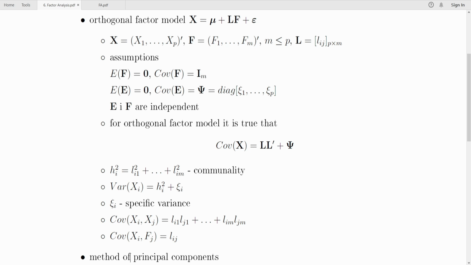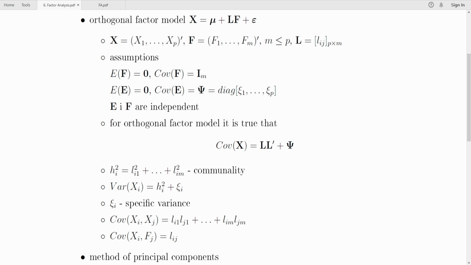Well, we can say that it has the same objectives as principal components analysis. So we kind of want to find the true dimension of data, to reduce the dimension and to somehow interpret those new variables that we get. Even though it's similar to PCA and has the same objectives, it's different.